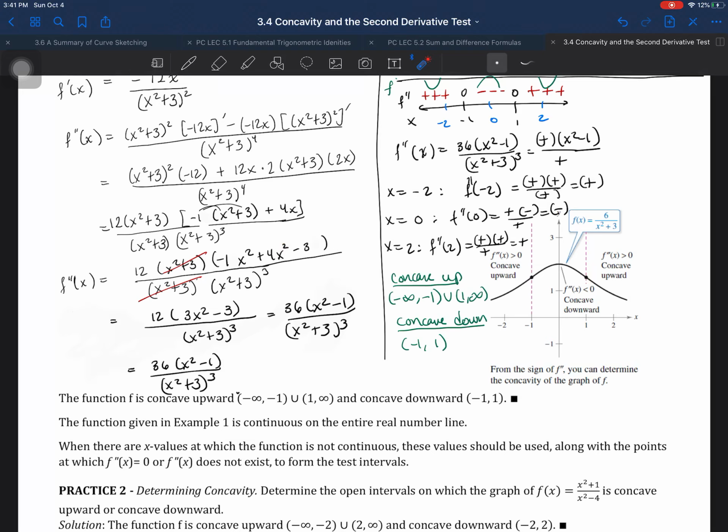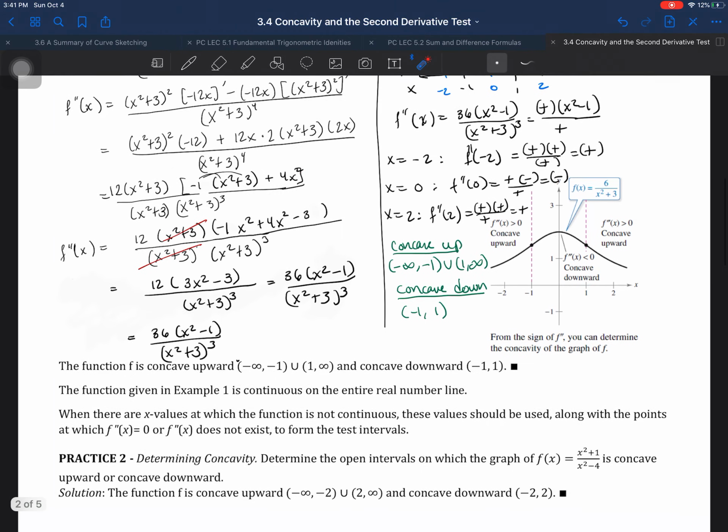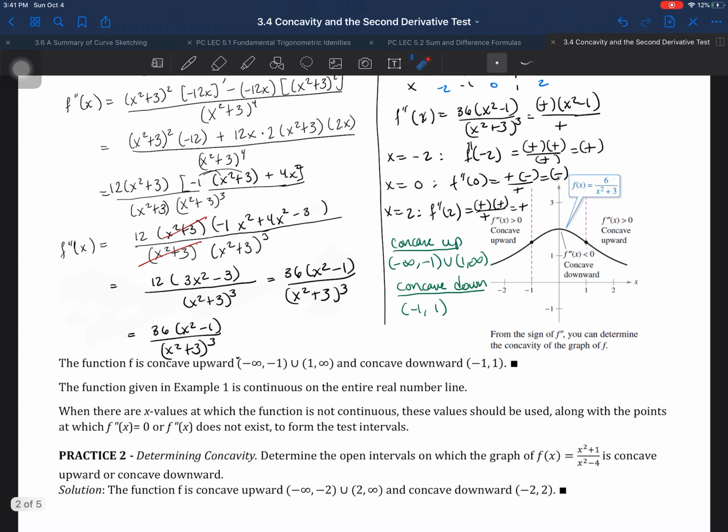I'm missing my square here. That will give us, combining those two, positive 3x squared, and then minus 3 in there, and you still have the 12 there, and then you have this denominator.